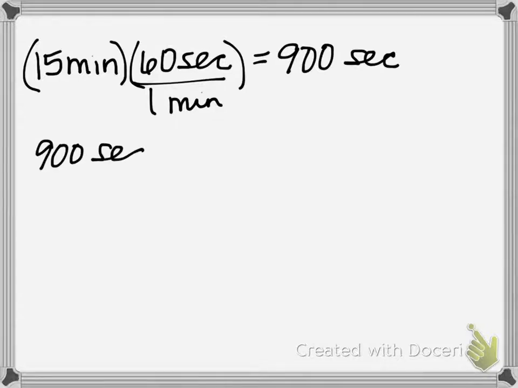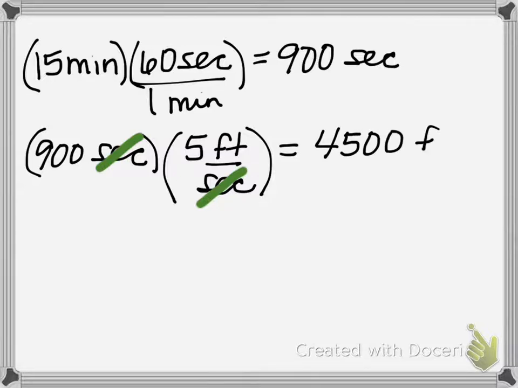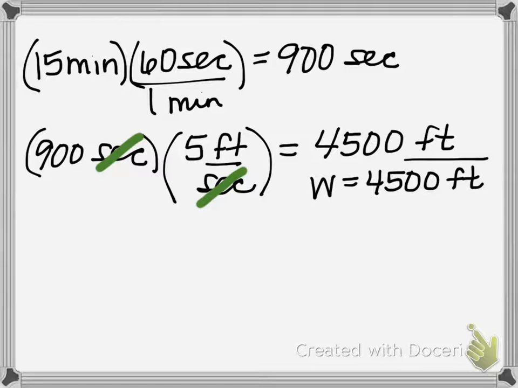So 900 seconds and the rate that she was walking, which was 5 feet per second, will give us the distance that she will have walked. So thinking about it this way, we see that she has walked 4,500 feet. So W, the distance that the woman has walked, will be 4,500.